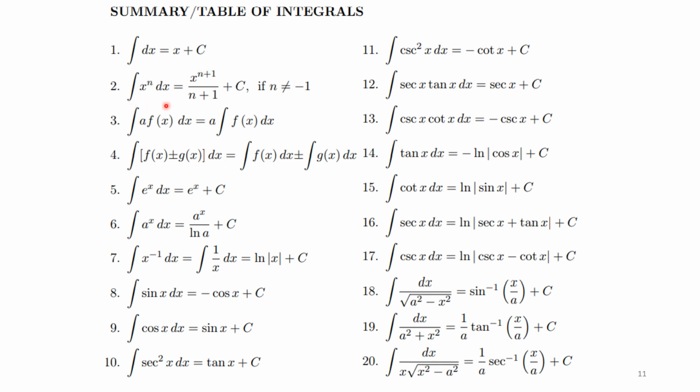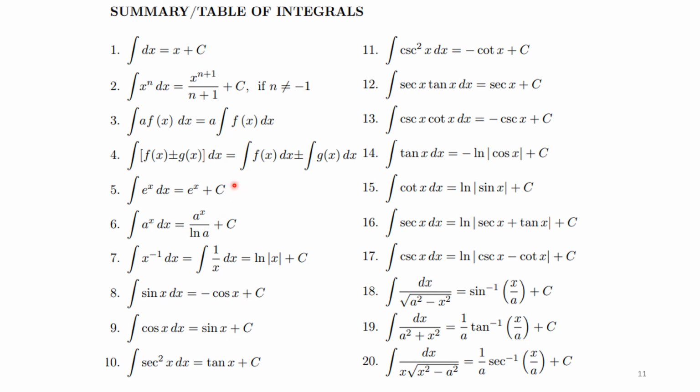The integral of x to the n dx is equal to x to the n plus 1 over n plus 1 plus c, as long as n is not equal to negative 1. The integral of a f of x dx: you can take the constant outside the integral sign and simply solve for the integral of the function. The integral of a sum is the sum of its integrals, and the integral of e to the x dx is still e to the x plus a certain constant c.